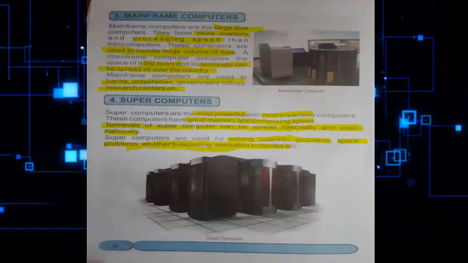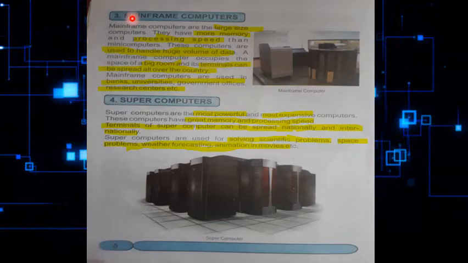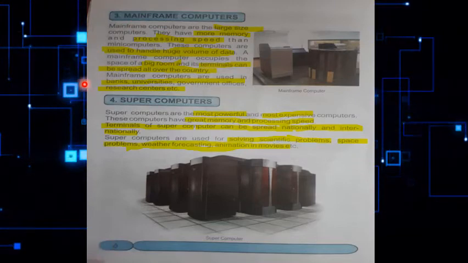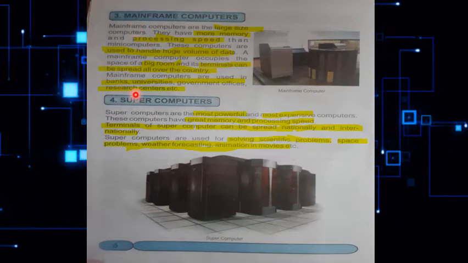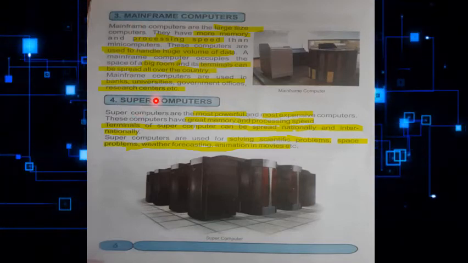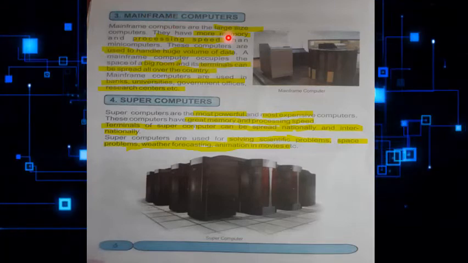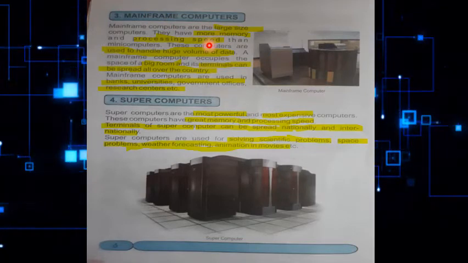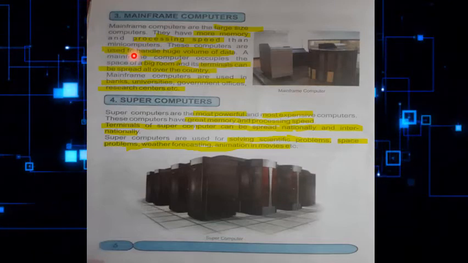Here comes the last page of this chapter, page number 6, where the rest of the types of computers are given, and these are mainframe computers and supercomputers. Mainframe computers are large in size. They have more memory and processing speed than micro and mini computers.